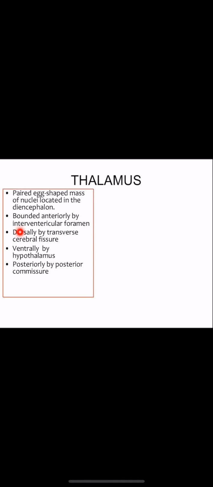The thalamus is bounded anteriorly by the interventricular foramen of Monro between the third and lateral ventricle, while dorsally it is bounded by the transverse cerebral fissure, ventrally by the hypothalamus, which is also a part of the diencephalon, and posteriorly by the posterior commissure fibers.